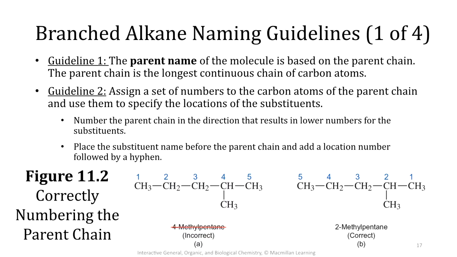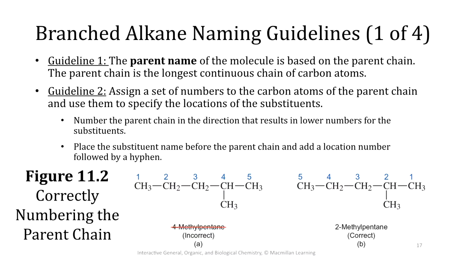Then we assign a set of numbers to each of the carbons along that parent chain. So for example, if we have pentane as our longest chain, we'll have carbon 1, 2, 3, 4, and 5. If you had heptane, we would have carbons 1, 2, 3, 4, 5, 6, and 7.